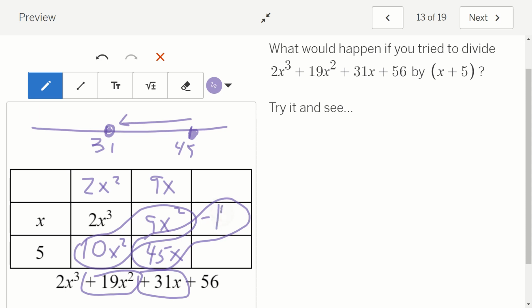So 14x. X times what gives me negative 14x? Well, that would be negative 14. And now notice, we're going to have negative 14 times 5, which is what? Negative 70.